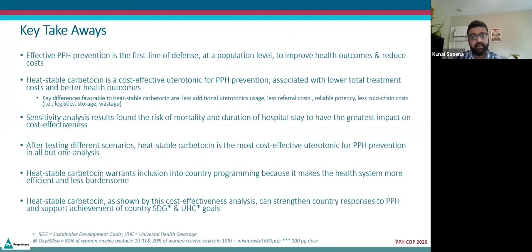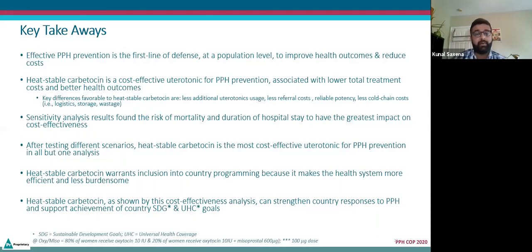Next slide, please. This is the final slide of the presentation where we just want to emphasize some of the key takeaway messages. Effective PPH prevention, as you would all know in this audience, is the first line of defense at a population level to improve health outcomes and reduce costs.